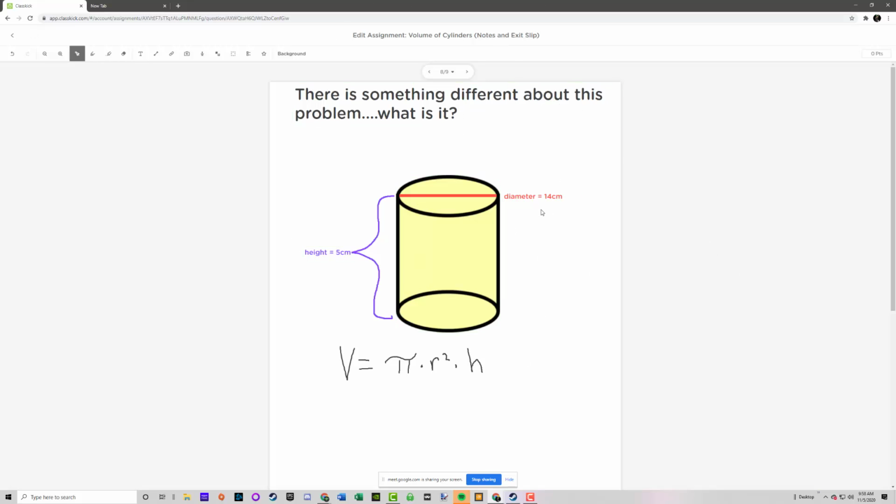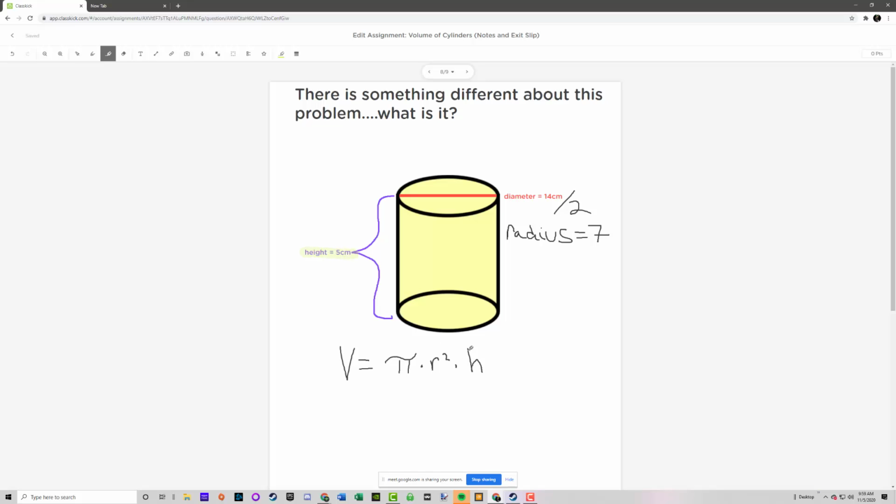If we know that the distance all the way across a circle is 14 centimeters, then all we have to do is cut this in half, and we will know the distance halfway across it. So we'll know the radius of this circle is equal to 7. And now we have all the ingredients that we need in order to solve this problem once again.